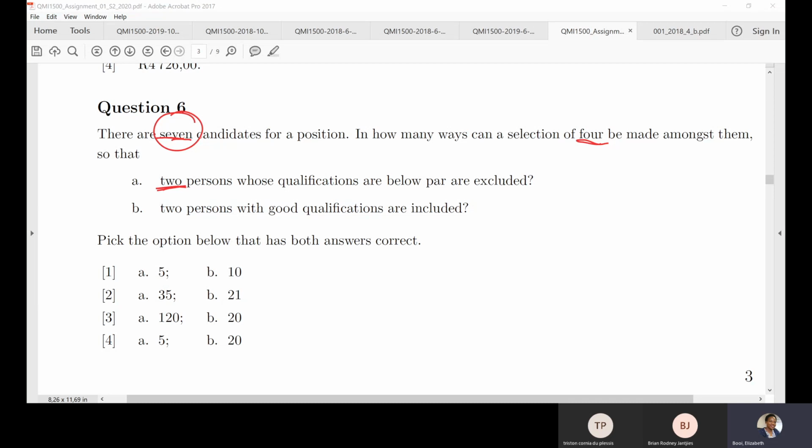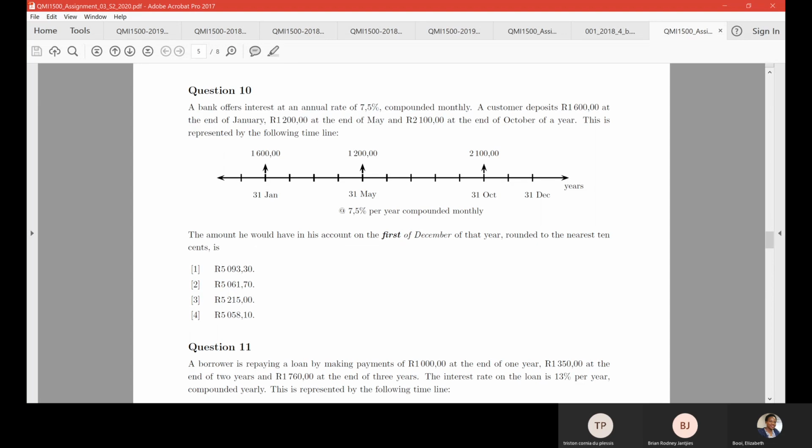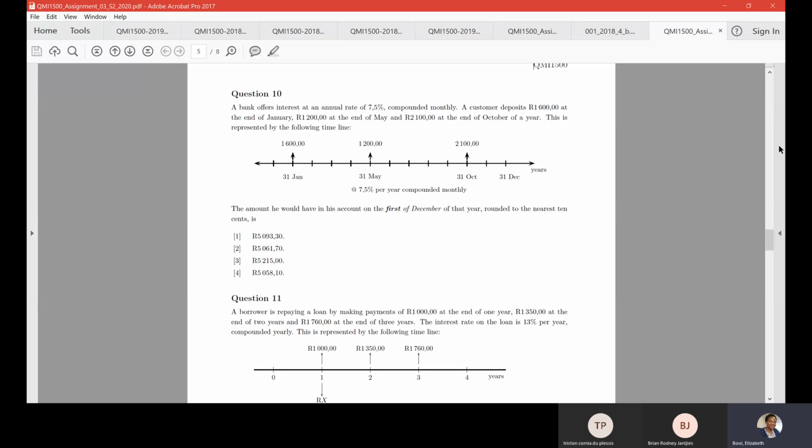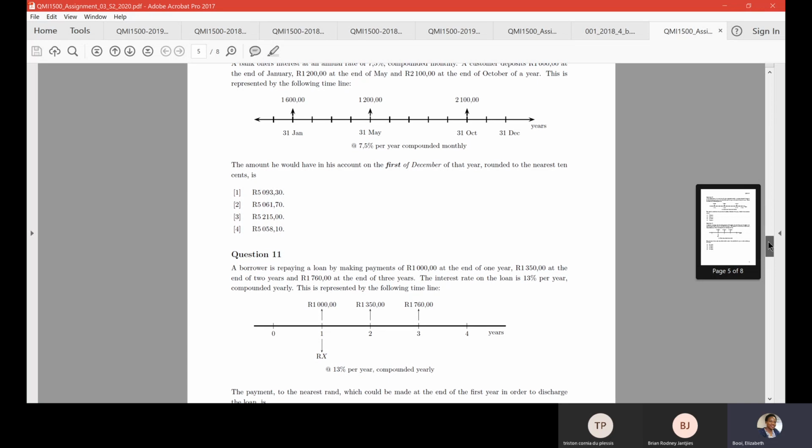Let me see from your assignment questions if none of them was. I don't think you got a time value of your money in the assignment either. Borrow money, 1,000 year 1, pay year 2, year 3.